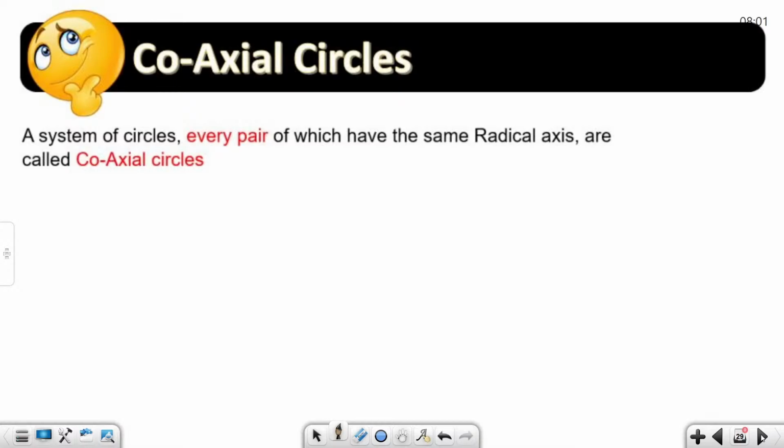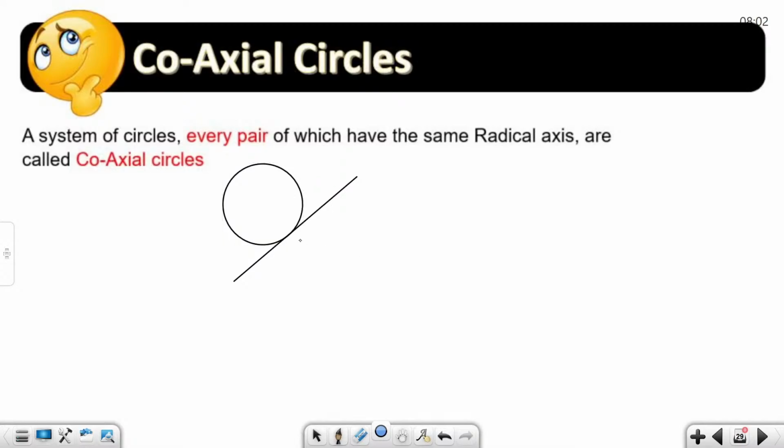What is coaxial circles? A system of circles, every pair of which have the same radical axis, are called coaxial circles. I'm explaining it, just wait. Suppose this is the radical axis and we are having circles which are touching each other externally.